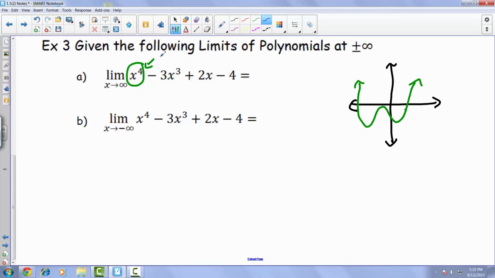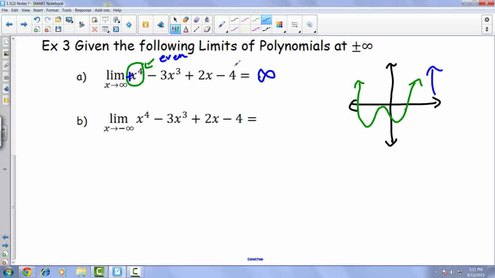So we notice that this is an even nth degree. And because this coefficient in front is positive, it's going to be opening upwards. So we do actually see something like this. And the limit then, as x is going to infinity, is going to go to positive infinity.